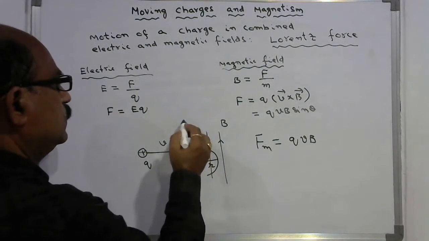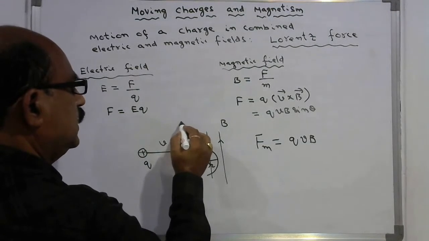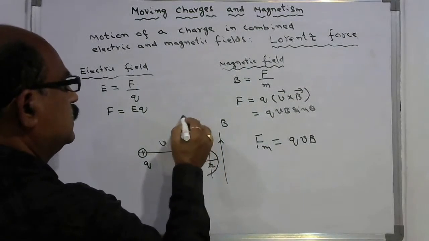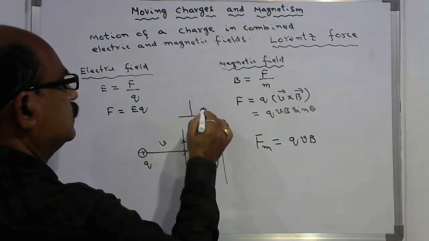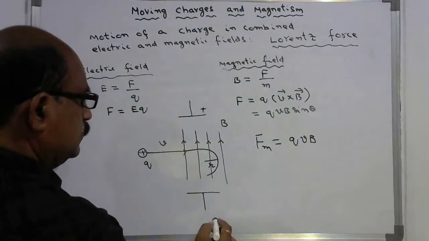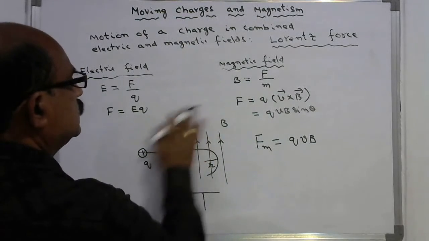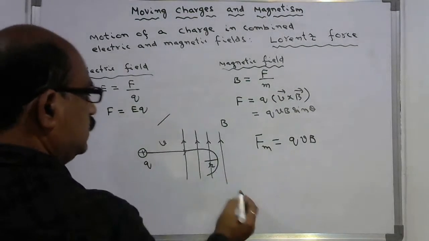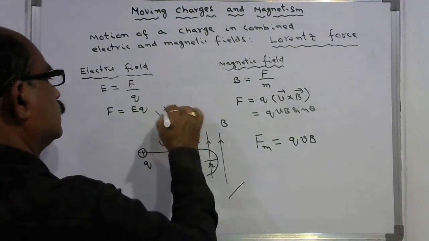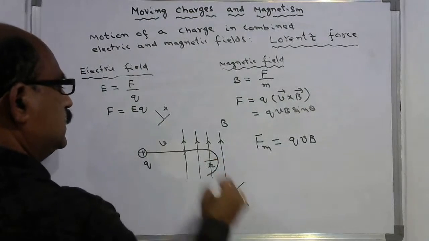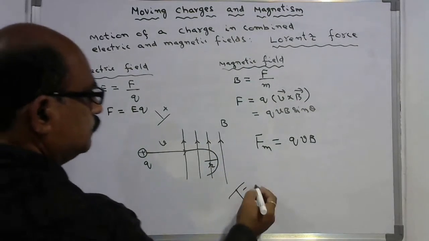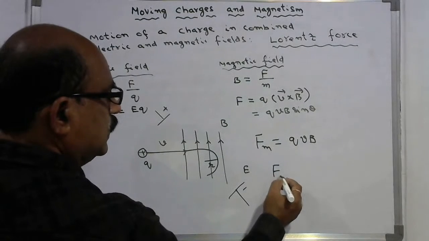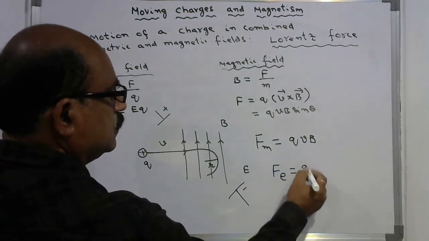And suppose you apply a normal electric field also in this direction, with the electric field lines E. Then the force due to electric field alone is equal to Q into E.